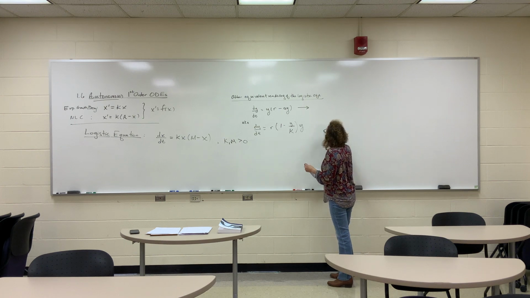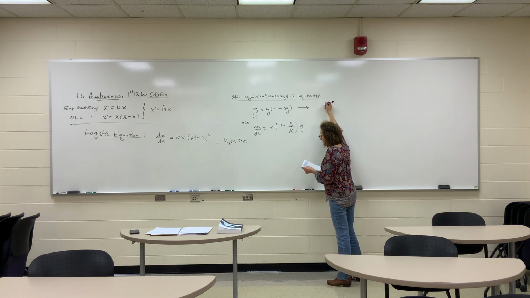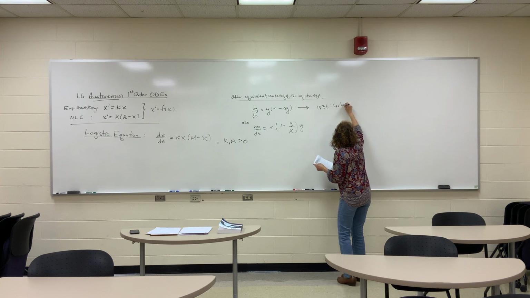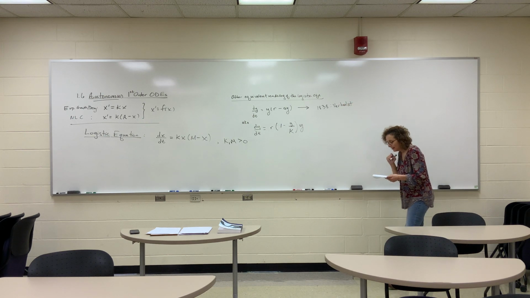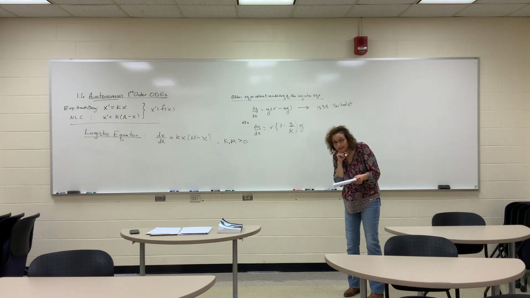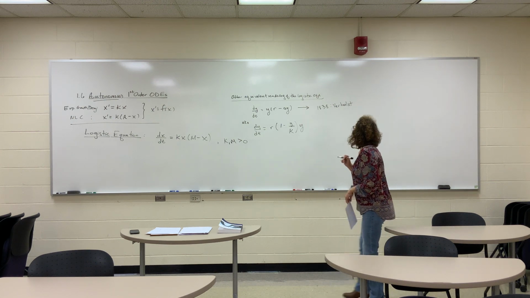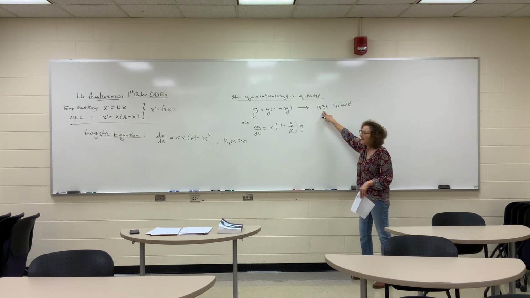You can go look up quite a bit more on these things. This is from 1838, discovered by Verhulst. I probably didn't say that correctly. It was a model for fruit flies and flour beetle populations.